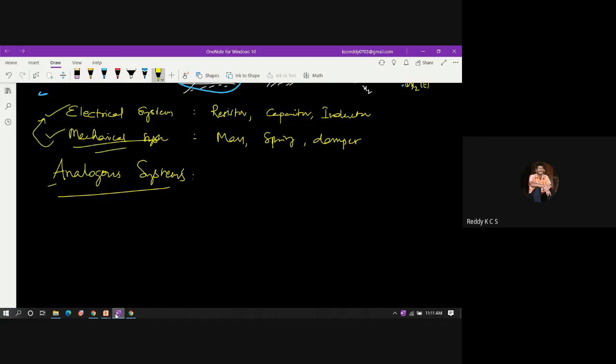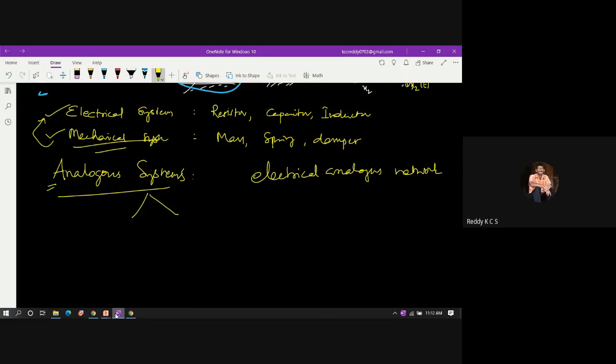That is what we call analogous systems, the electrical analogous of the given mechanical system. There are two methods of obtaining the electrical analogous networks.